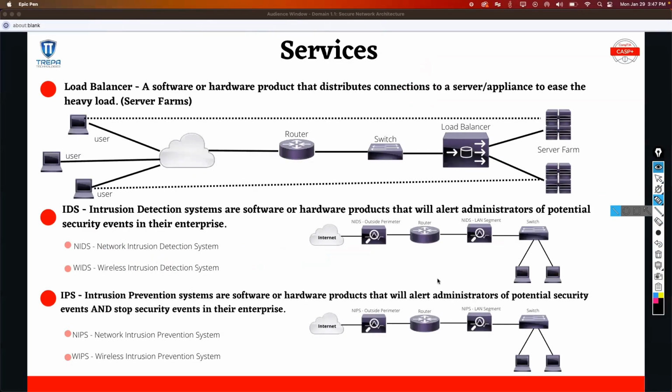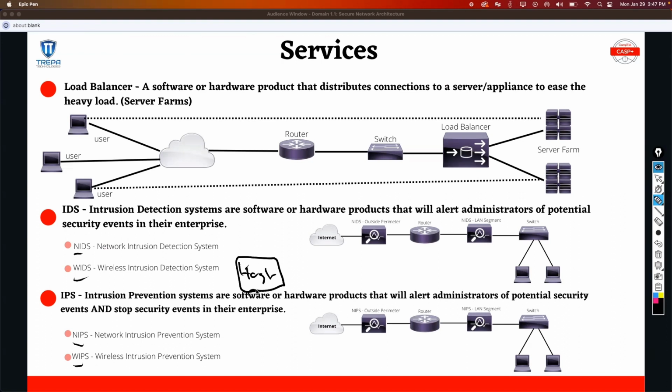Now, last thing we're going to cover. I just talked about network intrusion and network intrusion prevention systems, but we have other kinds like wireless and also host-based. I'm not going to dive deep into the host-based because in domain 3, we're going to dive into that. But the principles are still the same. With a detection system, whether it's on the network, on your host, or wireless, it's just alerting you of something potentially malicious.